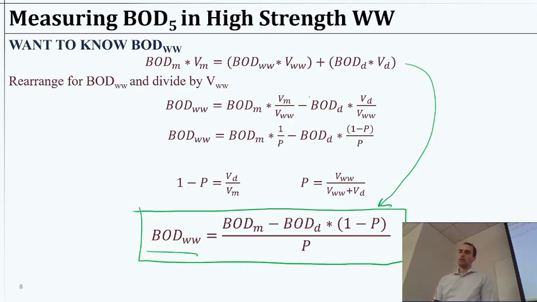Okay, so then there's some derivation that we can take a look at, rearrange some values, put all the volume components in terms of P, just a little bit of algebra involved there, using 1 minus P as part of that definition, and we can get this final equation here for BOD of the wastewater, simplifying. So I'm going to give you this on the equation sheet, which I will post your final one this week if I've not already done so.